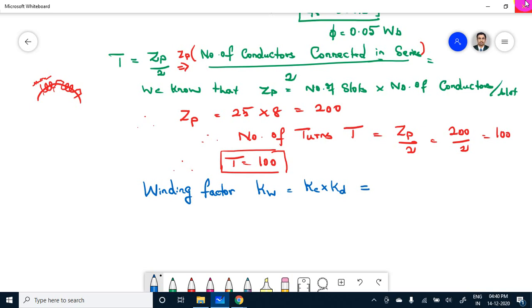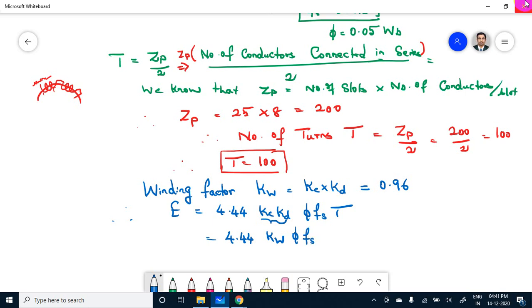Okay, this value is already given directly, 0.96. So therefore EMF generated is equal to 4.44 Kc Kd into flux into frequency into turns. Now 4.44, the combination of this Kc and Kd, I am putting Kw. 4.44 Kw Phi f T.